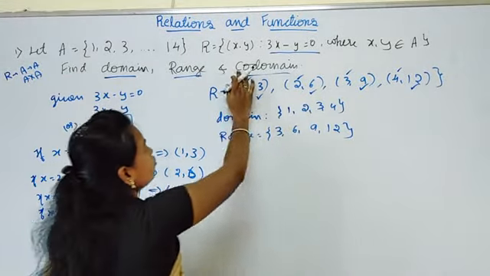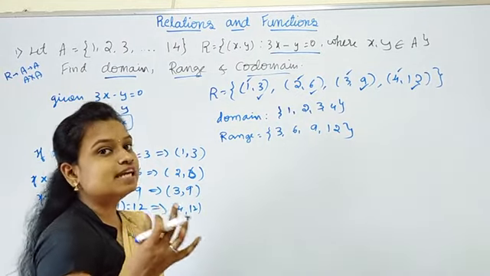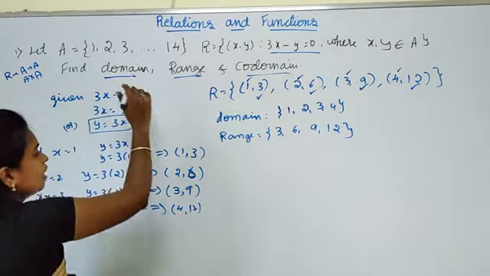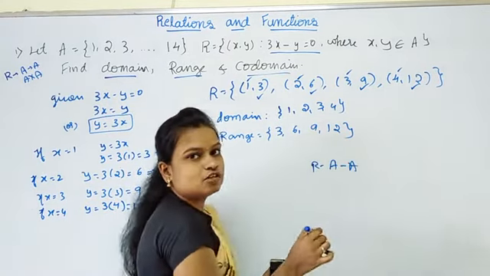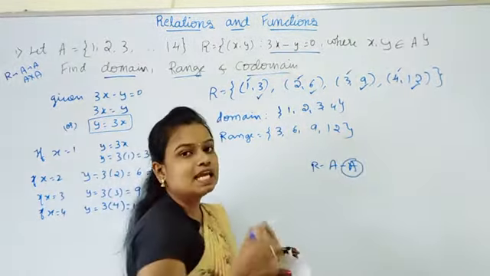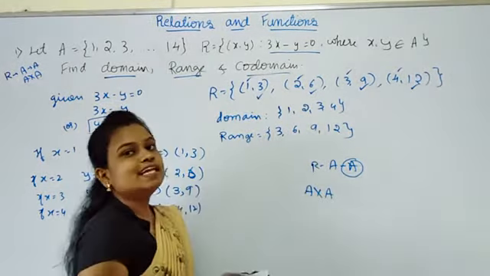Understand? Also we have to find the codomain. Codomain means the whole second set B. Here we don't have B. It is a relation from A to A itself, so the second set is A, because it is the Cartesian product of A with A itself.